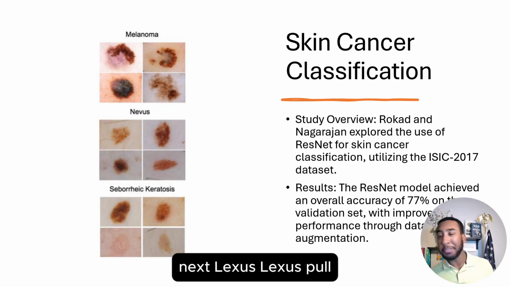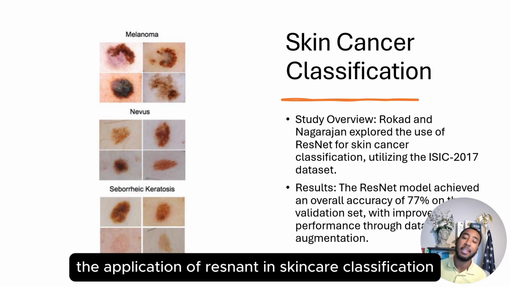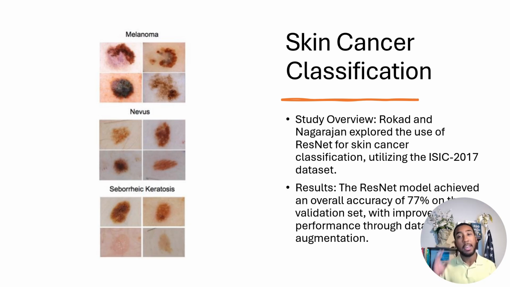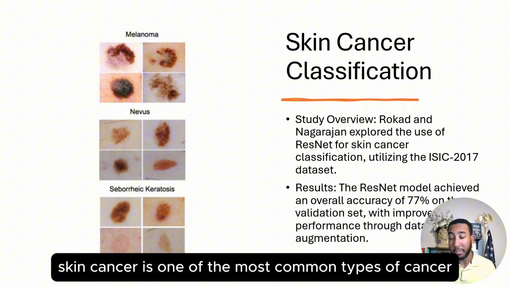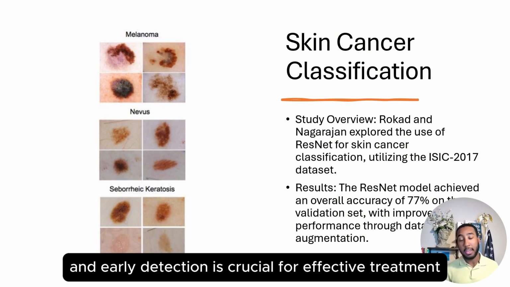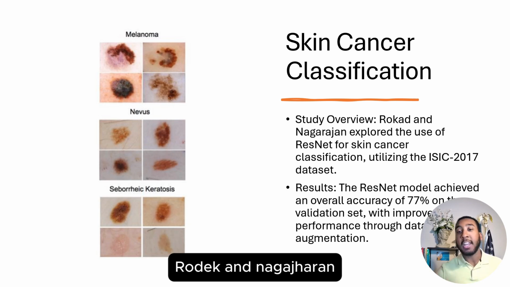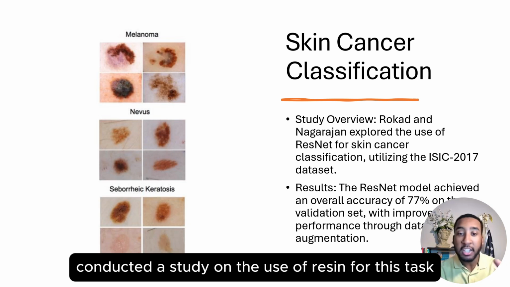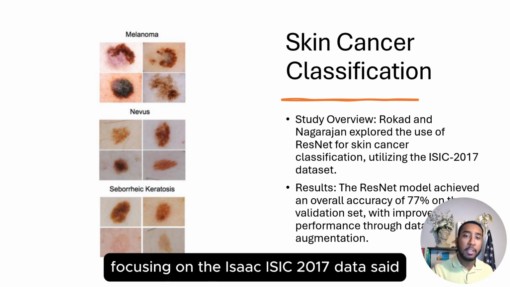Next, let's explore the application of ResNet in skin cancer classification. Skin cancer is one of the most common types of cancer, and early detection is crucial for effective treatment. Rodak and Nagajaran conducted a study on the use of ResNet for this task, focusing on the ISIC 2017 dataset.